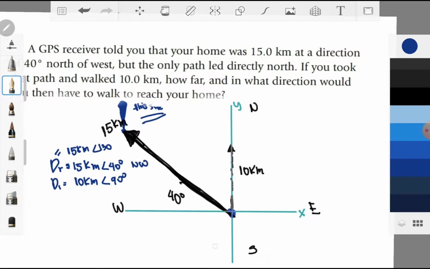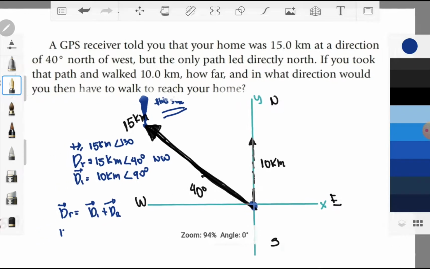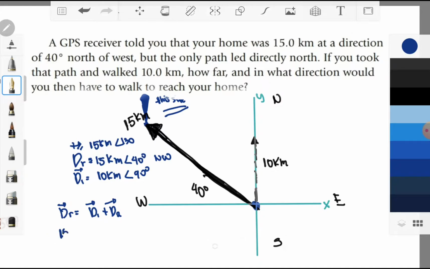So if you would input it in your calculator later on, we have dR is equal to d1 plus d2. So your arrows, considering that they are vectors, we have our dR, which is 15 kilometers at an angle of 130, is equal to d1, which is 10 kilometers at an angle of 90, plus d2.